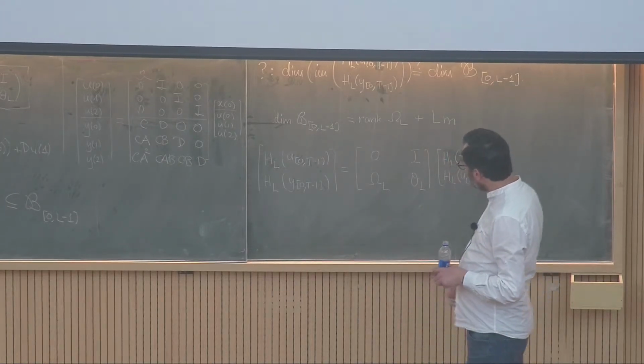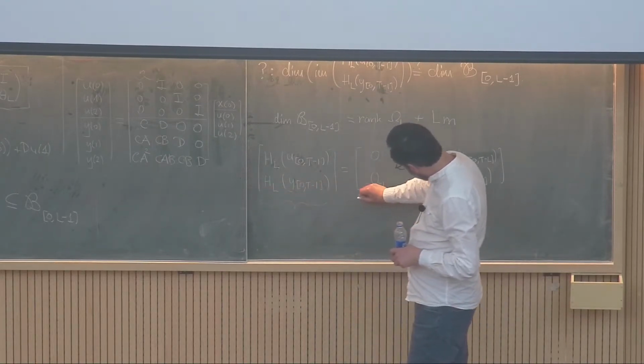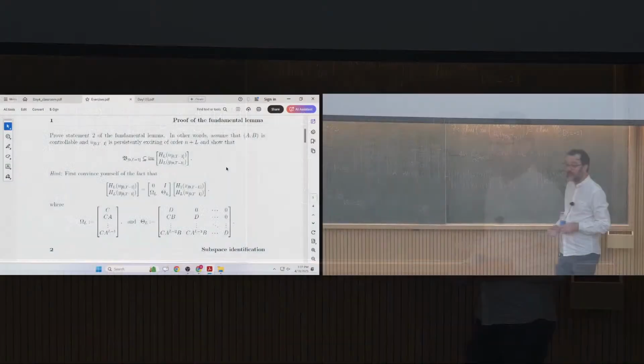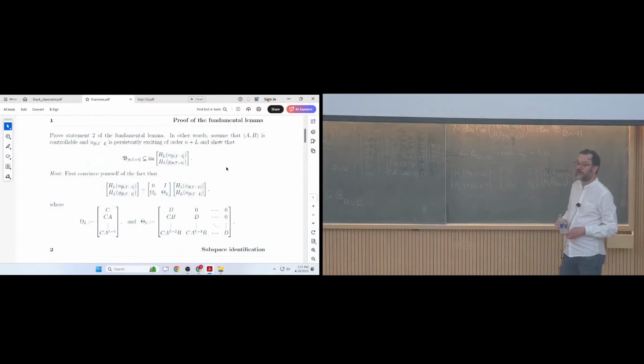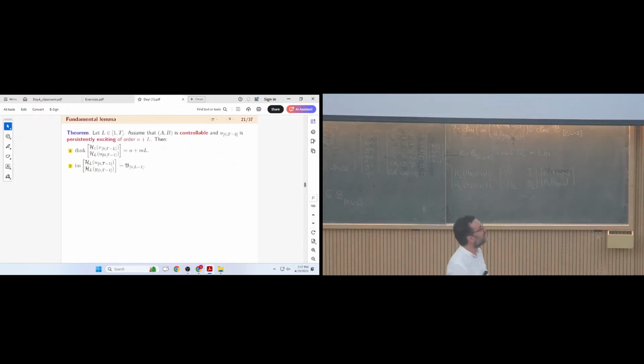So how can I conclude that the rank of this is equal to the rank of this matrix actually? Why is that so? It is because we have already proven in part 1 that that matrix, which is this one, has full row rank.